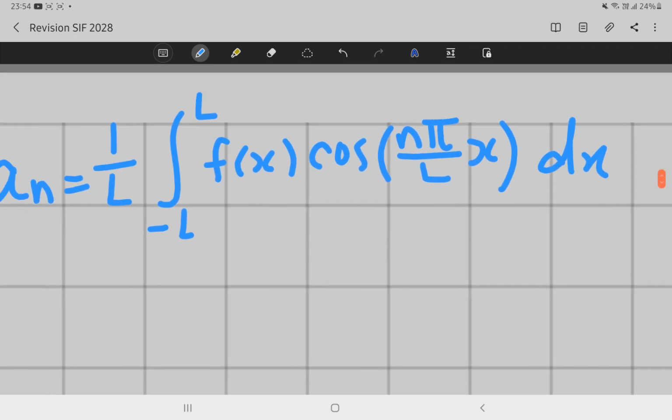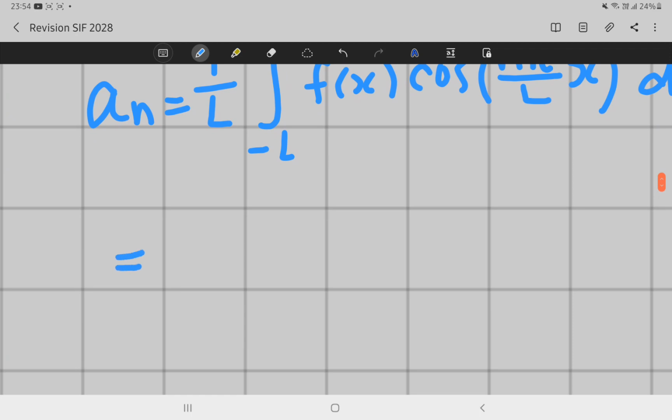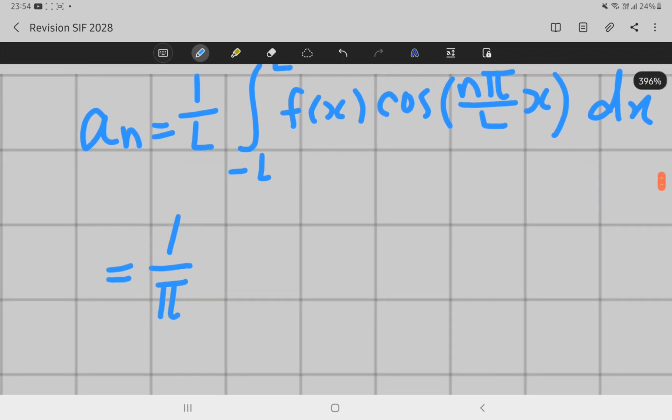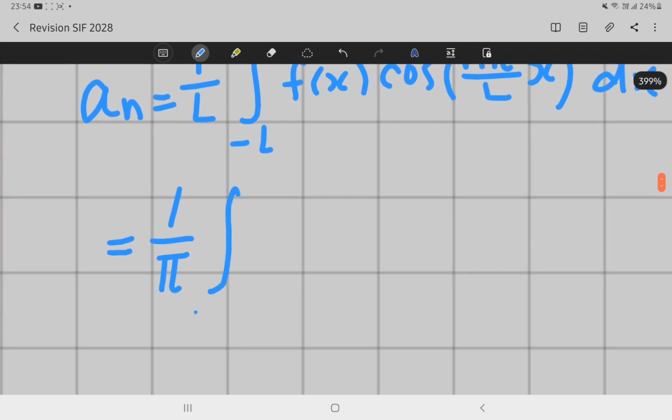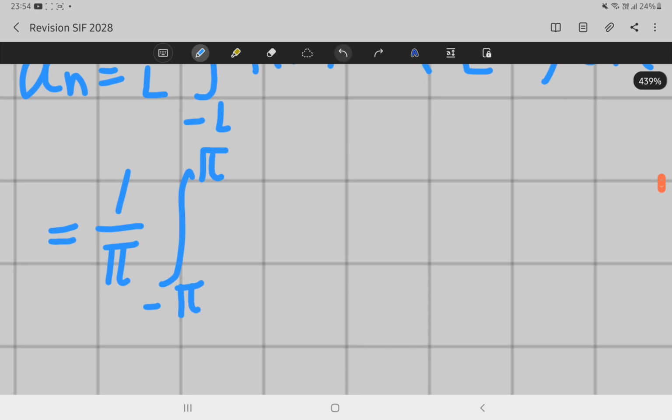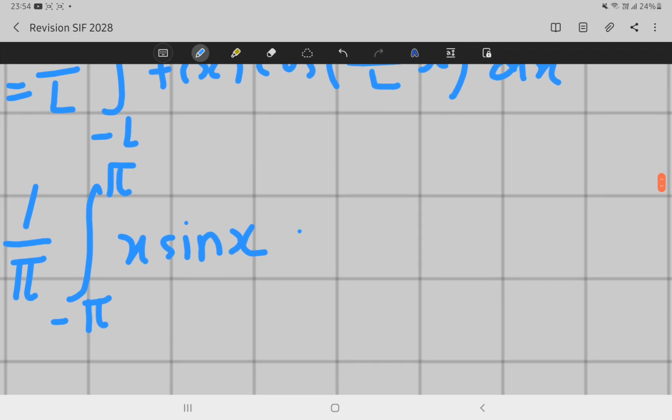Okay, L is pi, integrate from minus pi to pi, f of x is x sin x cos nx dx.